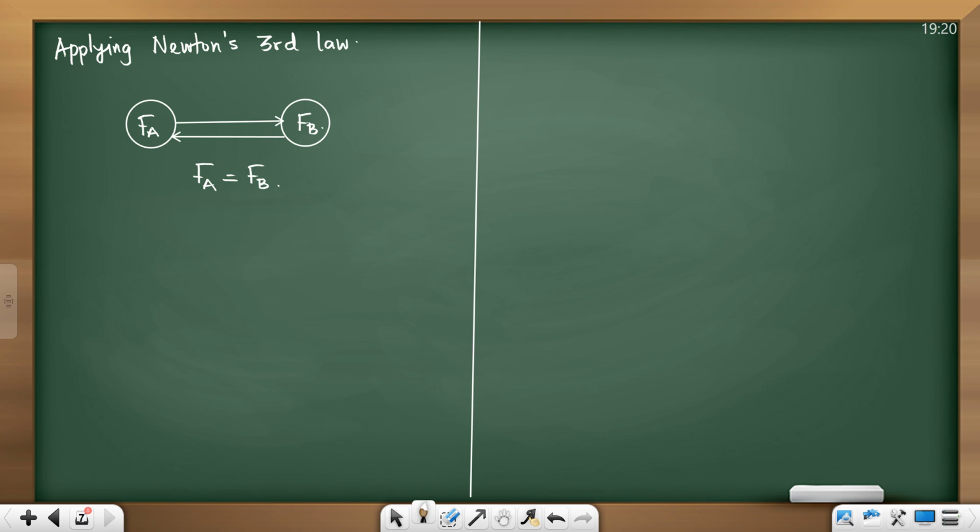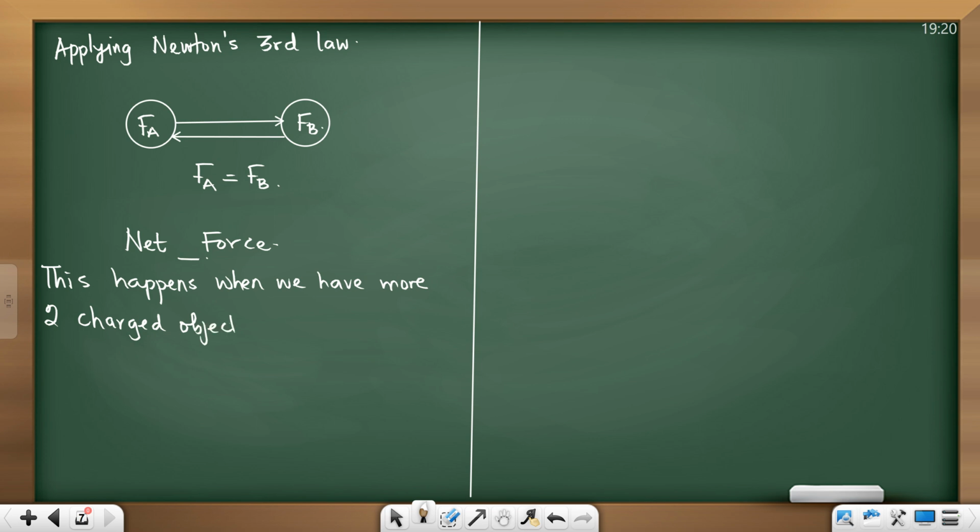Before I go into calculations, I want to talk about net force, because we're going to come across that quickly. Net force happens when we have more than two charged objects, such that we have separate forces.